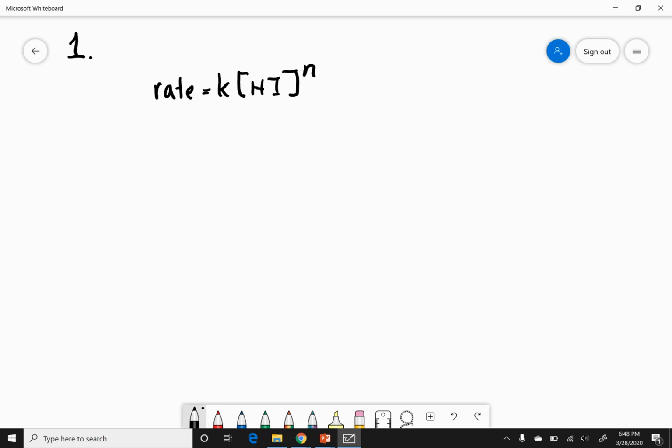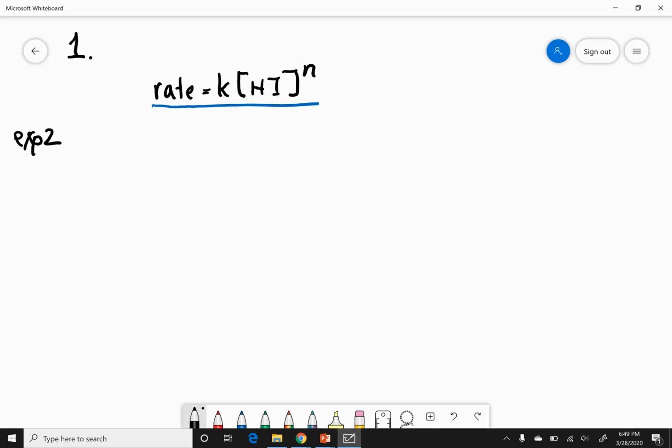Now, I'm going to understand that this rate law applies to each one of my experiments that I run. So I can write each experiment in terms of this basic rate law.